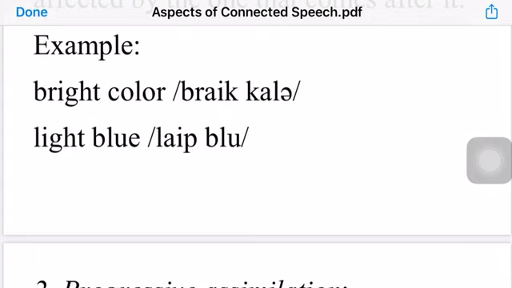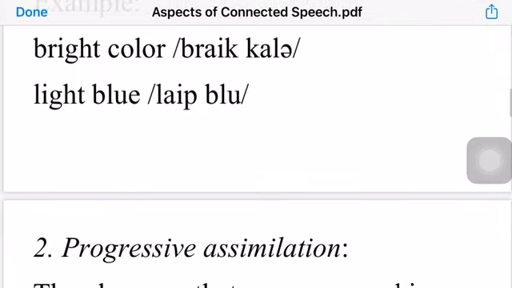So instead of saying bright color, we say bright color. We change the T sound into K. And in this way, the change will move from the second back to the first one, because the second one will make the first one pronounced like it.